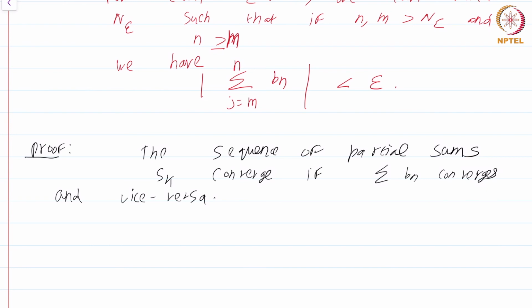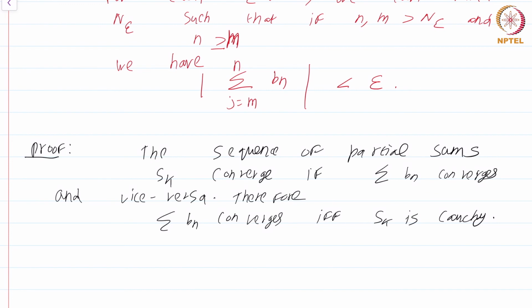Sorry about that. Therefore, summation Bn converges if and only if Sk is Cauchy. This is where Cauchy convergence criterion comes into the picture, not the previous sentence. Sorry about that goof up. So, summation Bn converges if and only if Sk is Cauchy.